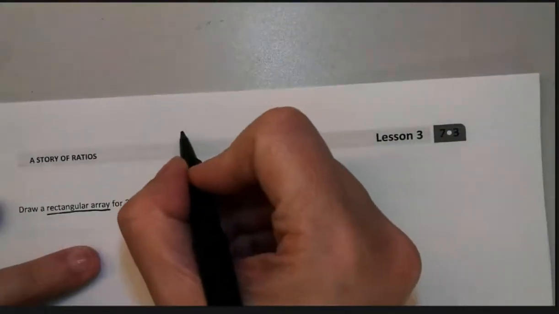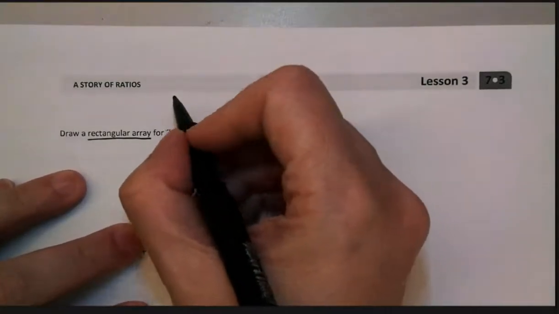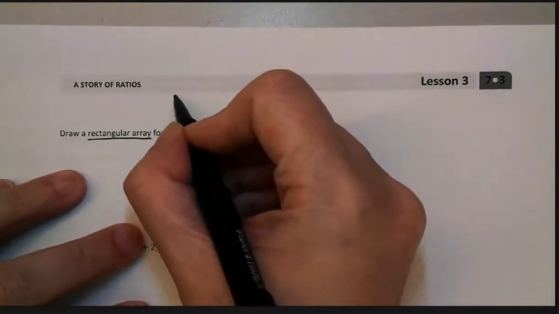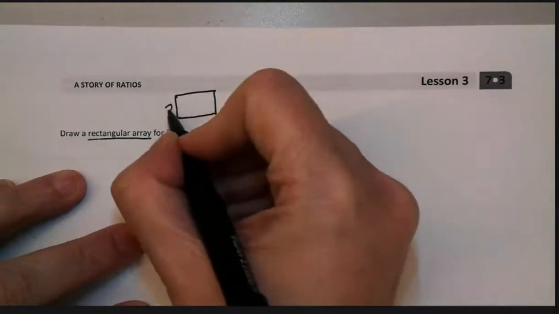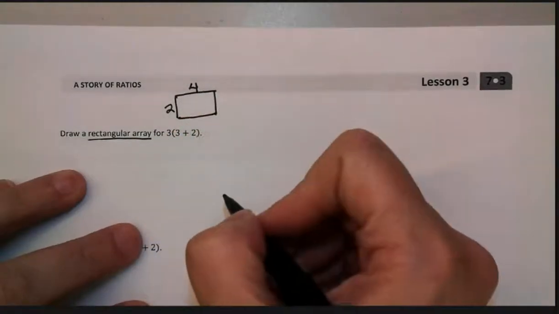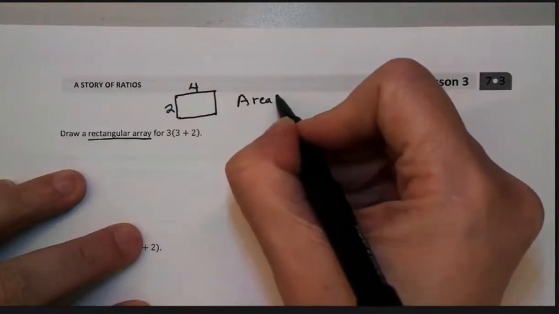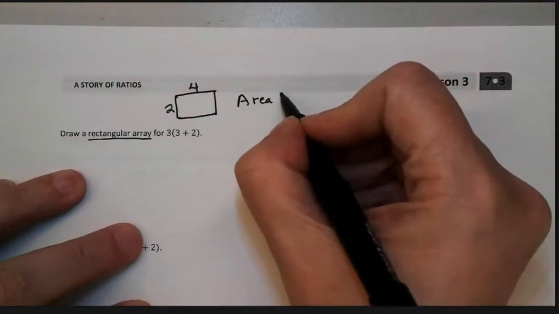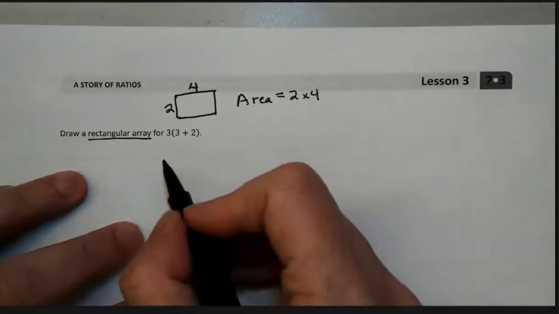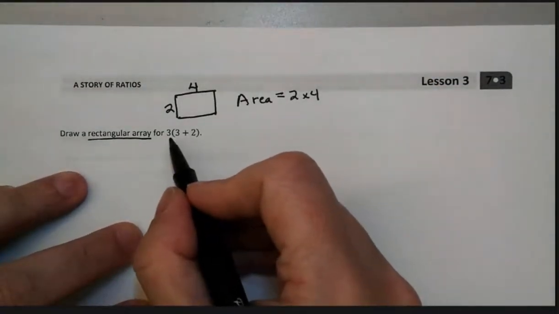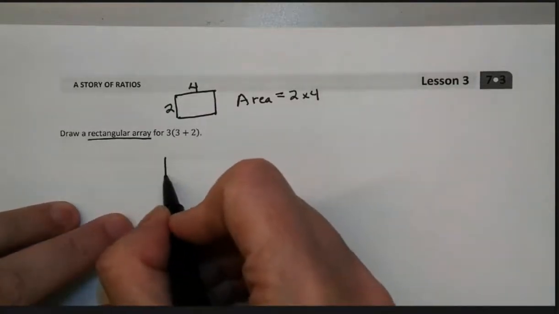So if we have a rectangular array, you might remember it from lower grades of math where we showed a rectangle. Let's pretend like this rectangle is 2 by 4. And we said the area of this rectangle equaled 2 times 4. We're doing the same kind of thing here, but we're using more than one number. So we've got a rectangle.